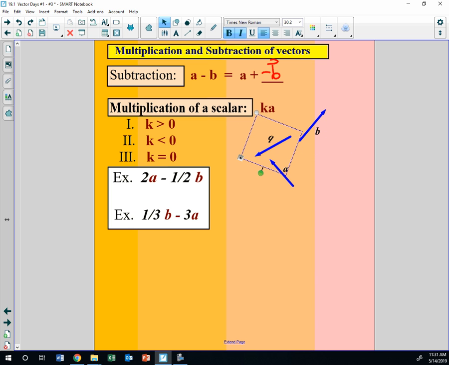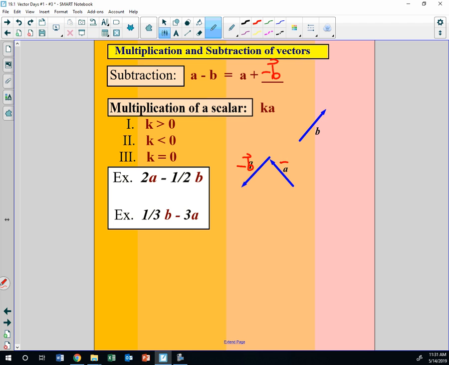We're going to go the opposite of B, so it's in the opposite direction, and now you have minus B. For A minus B, you need to draw from the tail of the first to the head of the last, have the arrow, have the little R. Now, that is A minus B.